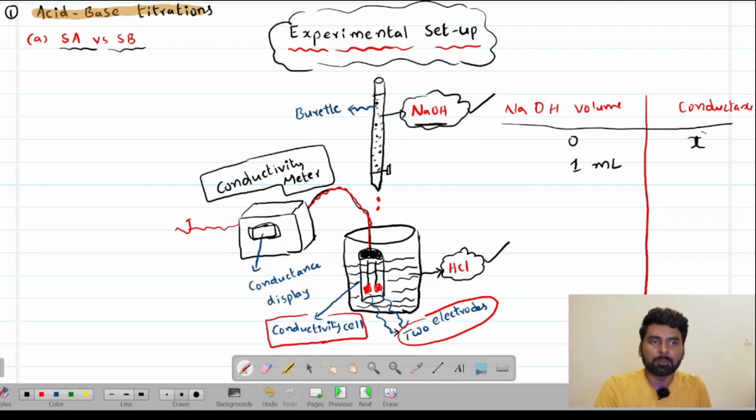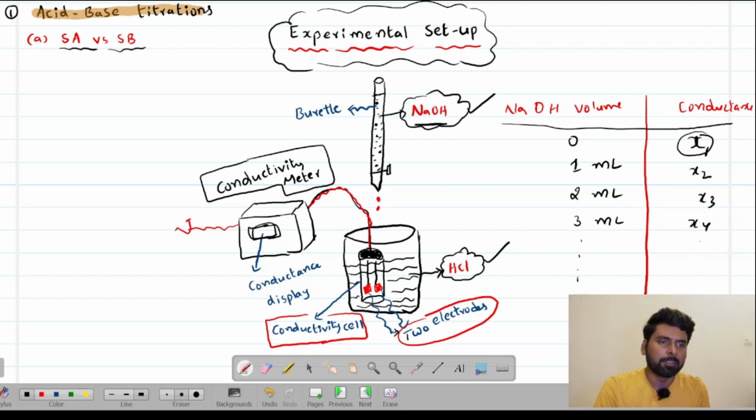So you are not going to get the same conductance value after adding 1 ml NaOH; you will get some other value. Say X1, then you get X2, then add 1 more ml to get X3, then add 1 more ml from the burette and check the conductance of this solution, that is X4.